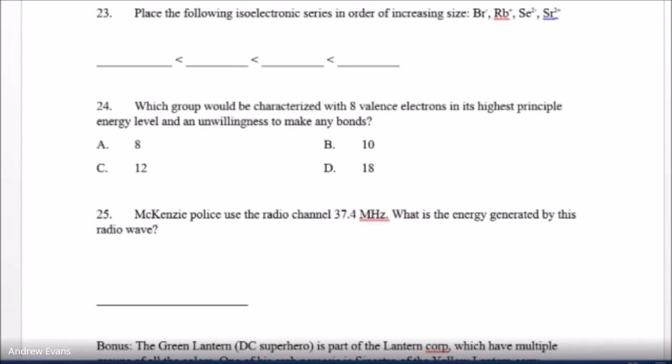Can you do that? Can you do the full electron configuration? Can you do the condensed? Can you make the ions? Can you answer questions about the orbitals? Can you answer questions about the trends? Can you do a lattice energy problem? All this stuff is going to be what's on the take-home test.